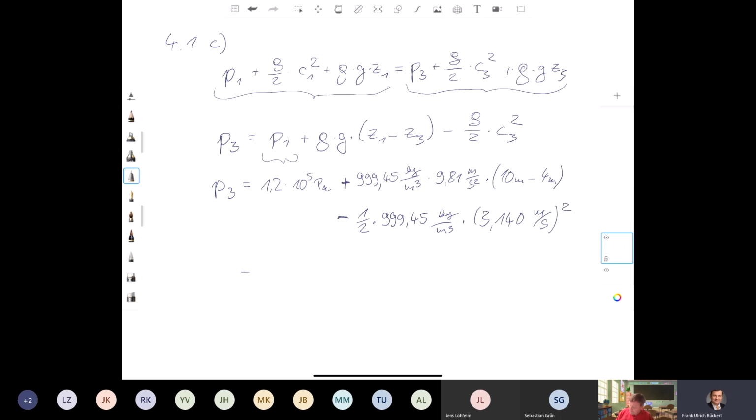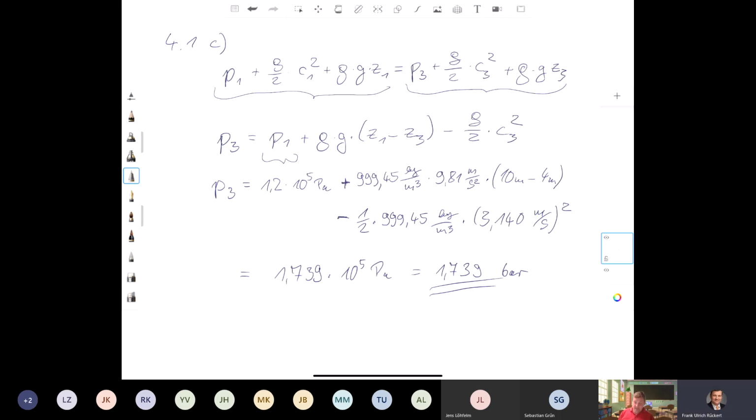Okay, and this is 1.739 times 10 exponent 5 pascals, and this is about 1.739 bars.